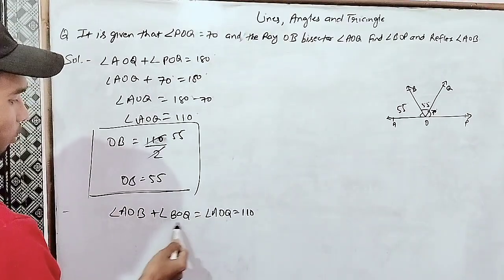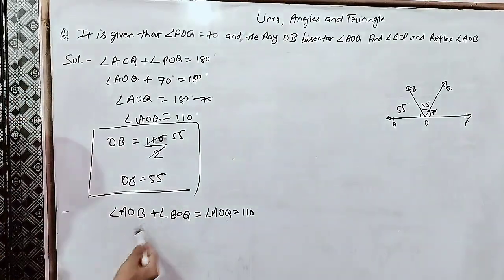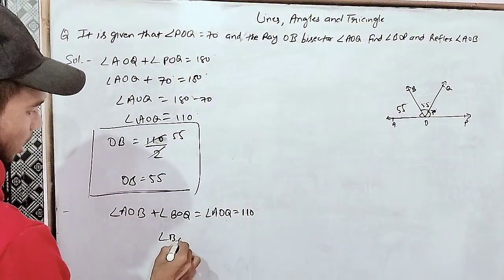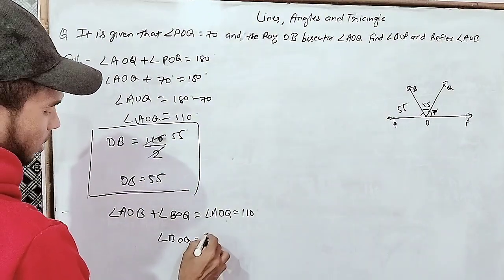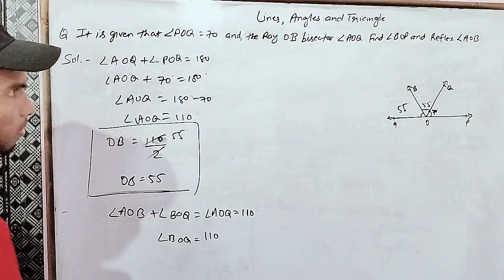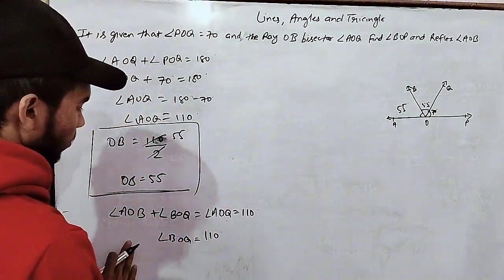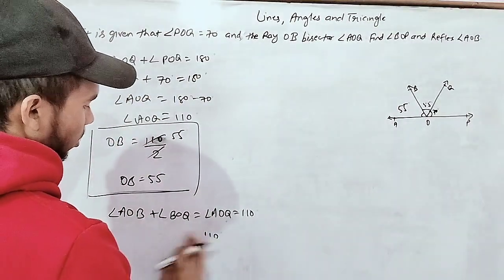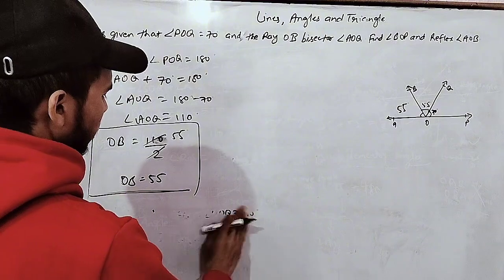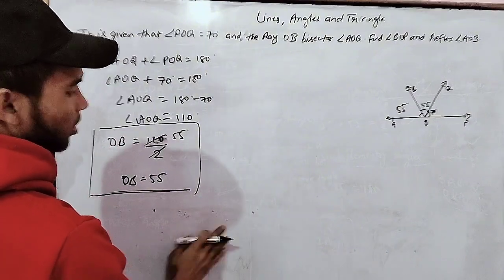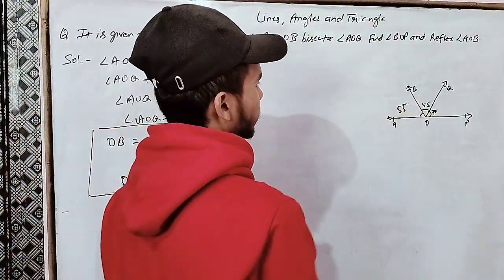For example, we have to find out the value of this. Then we can write 110. We will apply this method to find out the value of this and the value of this.